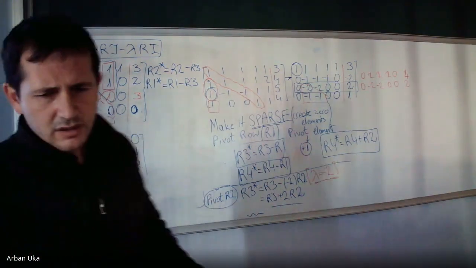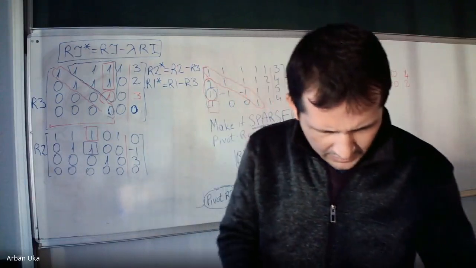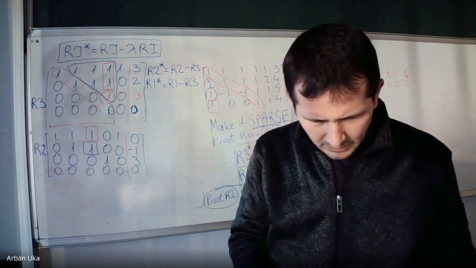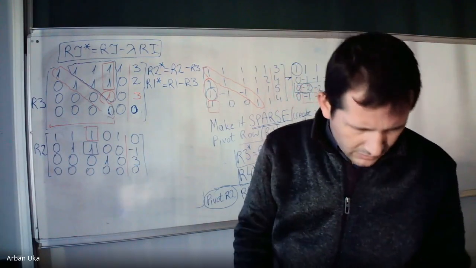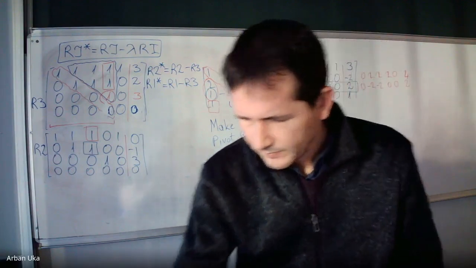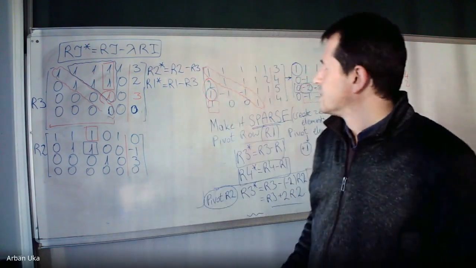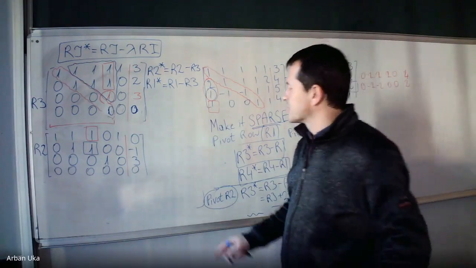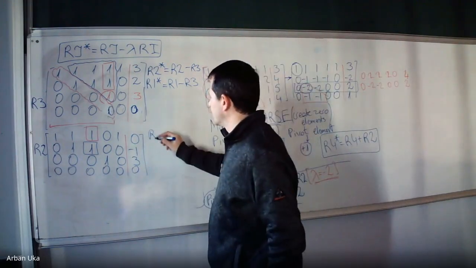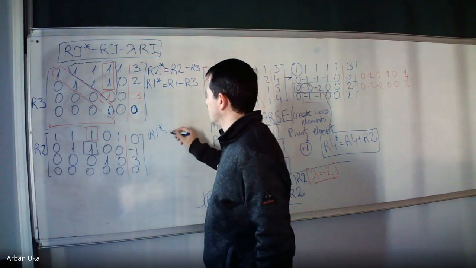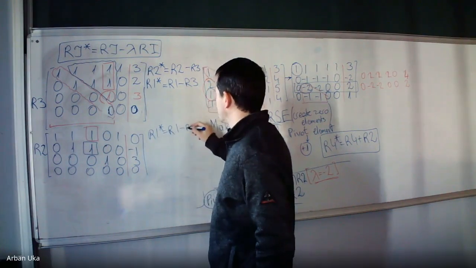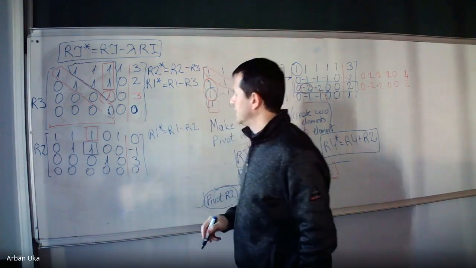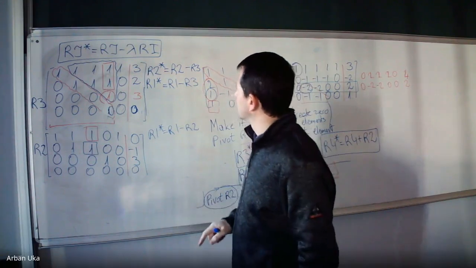So this is the approach. Let me look for a moment. Do you have any questions? So the next step will be the following. Row 1 star would be equal to row 1 minus row 2, okay? And if we follow it, we'll get, but wait a second.